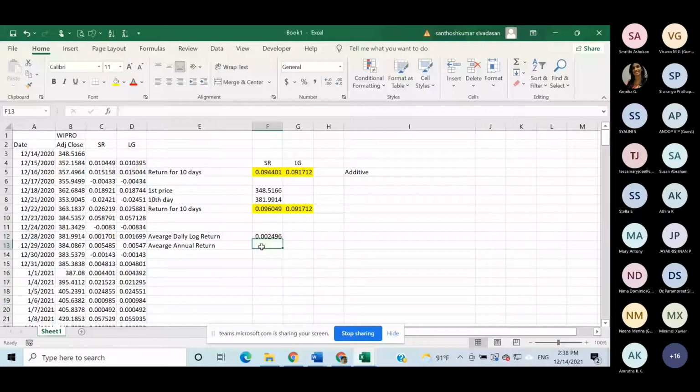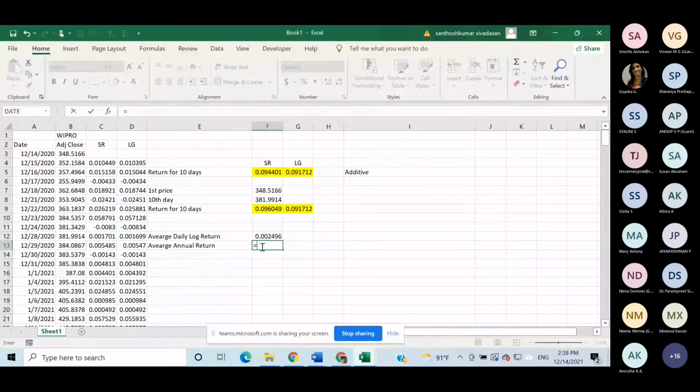The way you annualize it is equal to 1 plus the average daily return, to the power of 248 trading days here, minus 1.